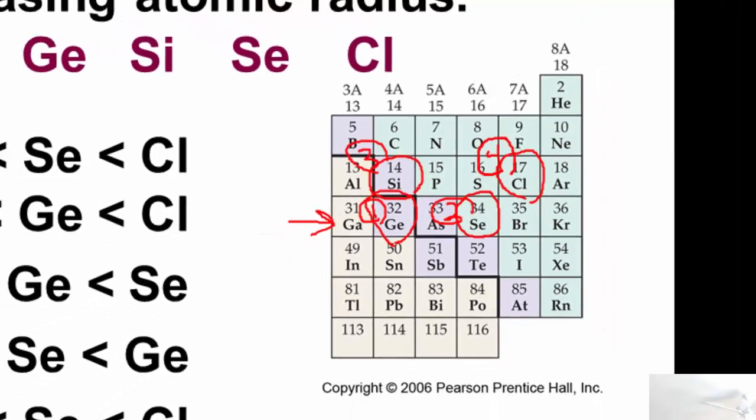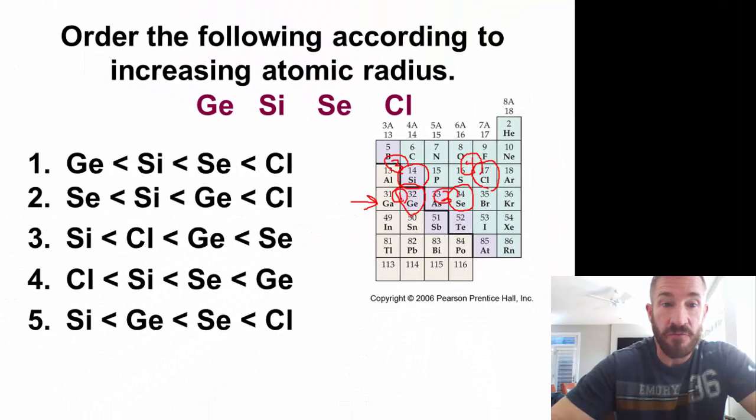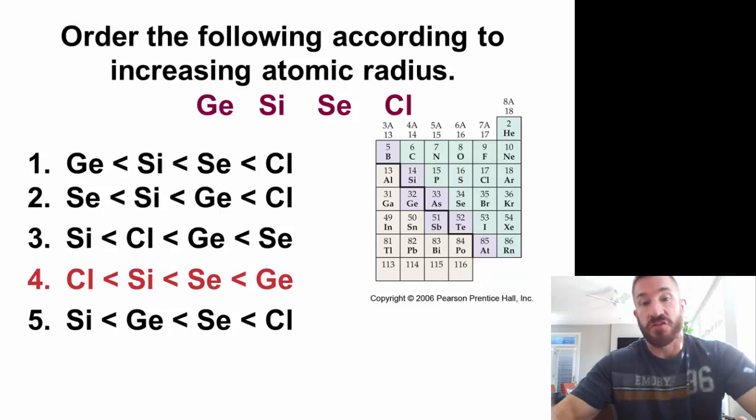List these in order of increasing size, so chlorine would be first, the smallest, and then silicon would be second, then selenium would be the third smallest, and the biggest one would be germanium. And so we check that actually is the correct answer.